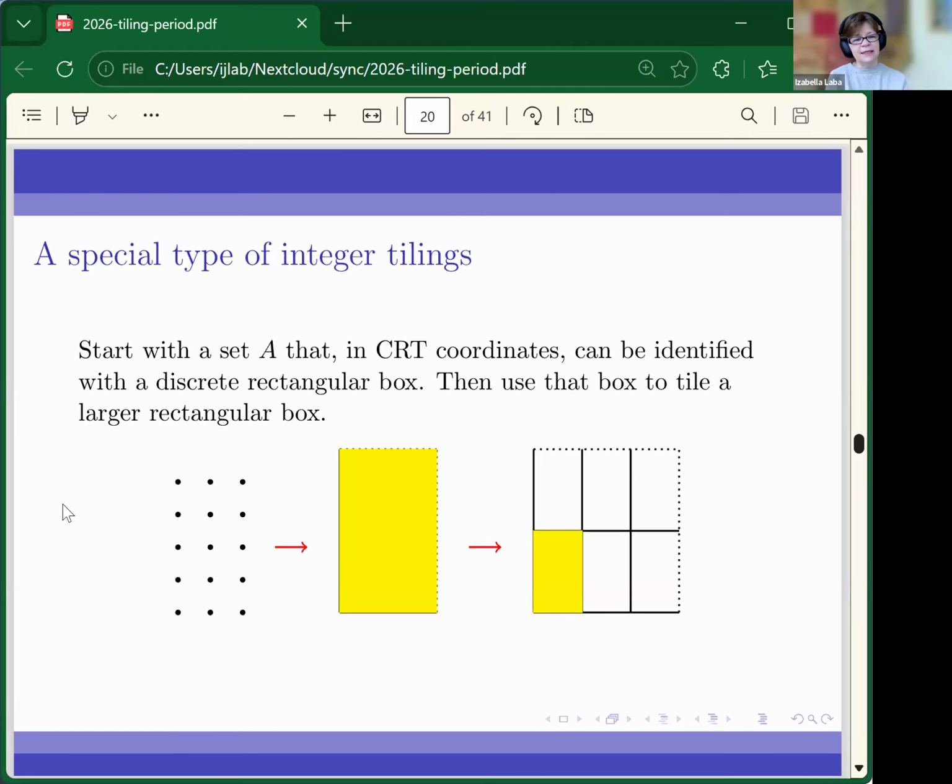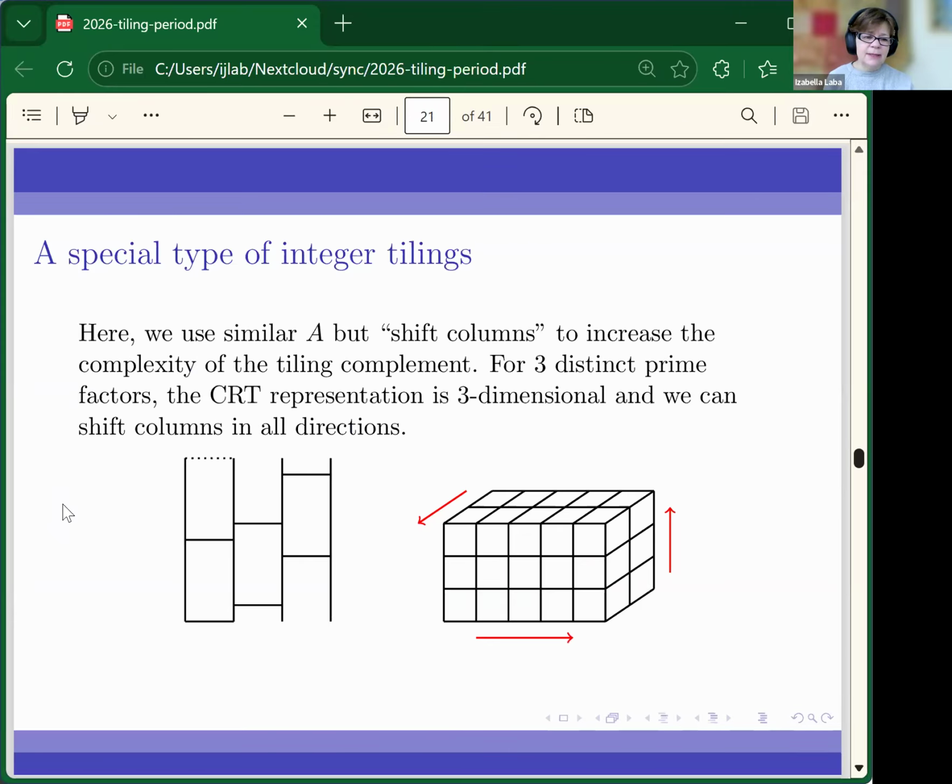So you take an arithmetic progression like here in the picture on the left, and then we translate that to a rectangle in the corresponding Euclidean space of the same dimension. So for a two-dimensional box, we get a two-dimensional rectangle. And then we can use that rectangle to tile a bigger rectangle as shown in the picture in the trivial way.